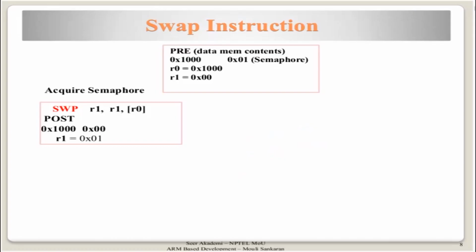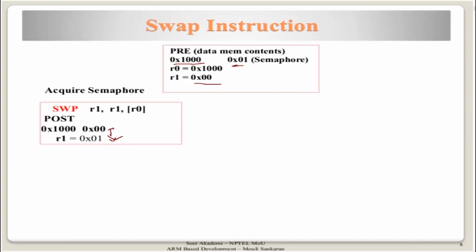So assume that this is a precondition: 1000 is the address, and R1 has a 0 value. Now initially it is exchanged. At address 1000, 1 is stored. So when this swap instruction is executed, R1 becomes 1, because these two have been swapped, okay. 0 has come here and 1 has gone there.